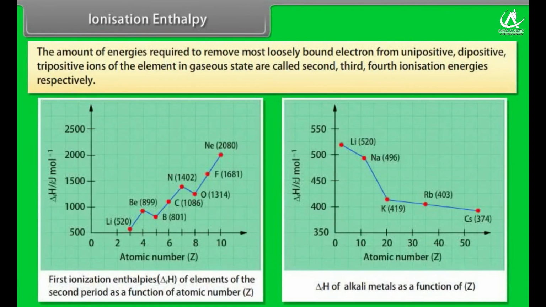The amount of energy required to remove most loosely bound electrons from unipositive, dipositive, tripositive ions of the element in gaseous state are called second, third, fourth ionization energies respectively. It may be noted that ionization energy 3 is greater than ionization energy 2, which is greater than ionization energy 1.